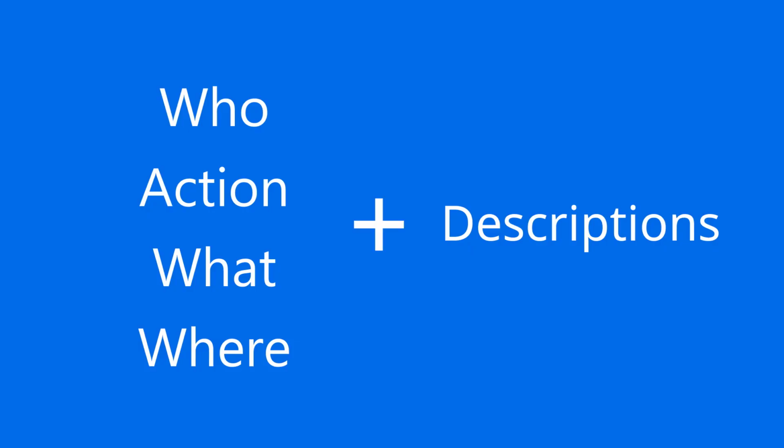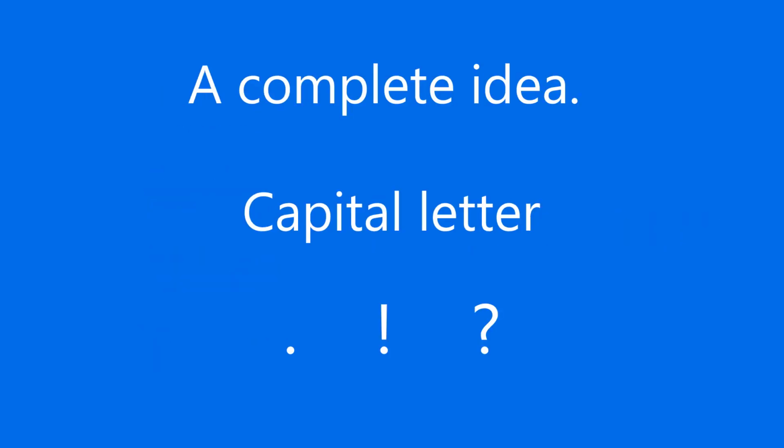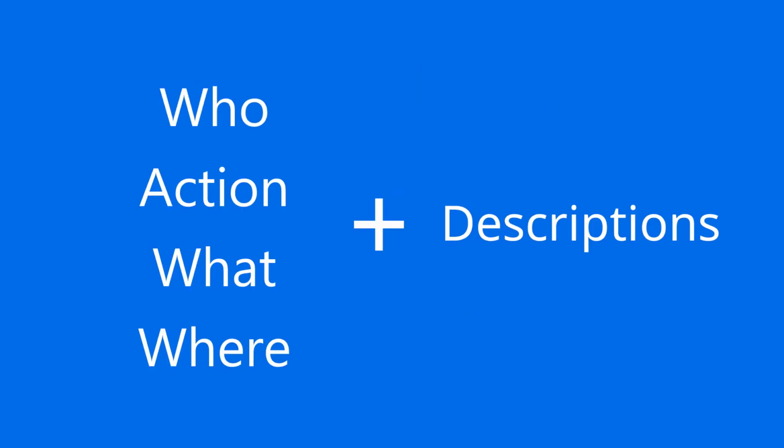In this lesson, you learned: a sentence is a complete idea with a capital letter at the start, and either a full stop, exclamation mark, or question mark at the end. You can build sentences with simple words you already know. Words can have different jobs in a sentence, such as being a who, action, what, where, and descriptions.